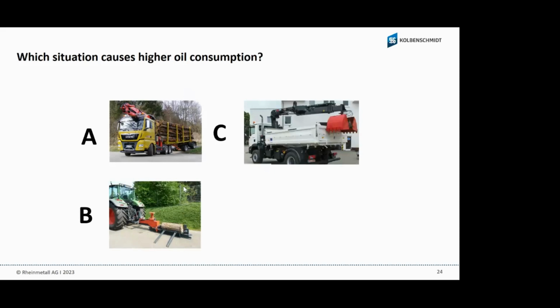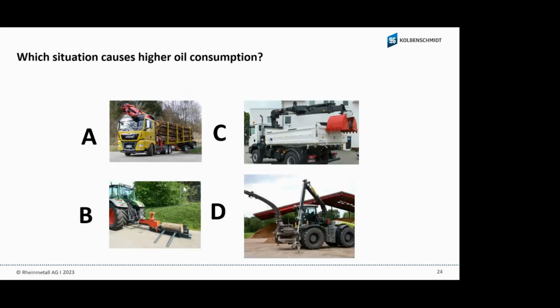C, a truck with a crane on it, maybe working on the road for road construction. Or D, this wood cutting machine that makes small pieces of wood you can take into your house to make fire for the heating system, and it also has a crane on it. What do you think? Which truck has higher oil consumption, or which situation? A, B, C, or D?